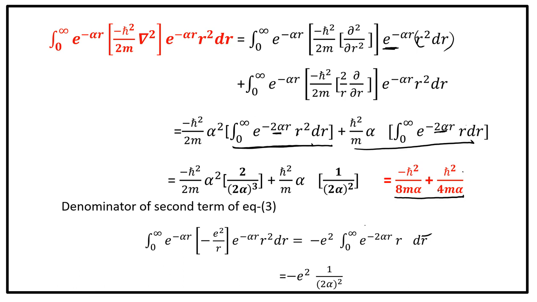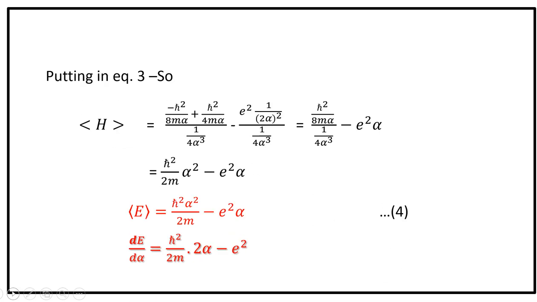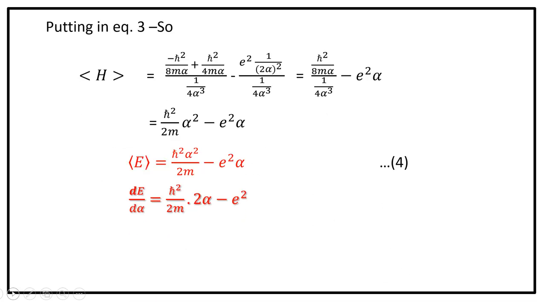Now take the last term, e to the power minus alpha r, minus e square by r, e to the power minus alpha r, r square dr. After applying the beta gamma function in this term, you will get this. Now putting in equation number 3, after solving we will get the expectation value of H equal to this.